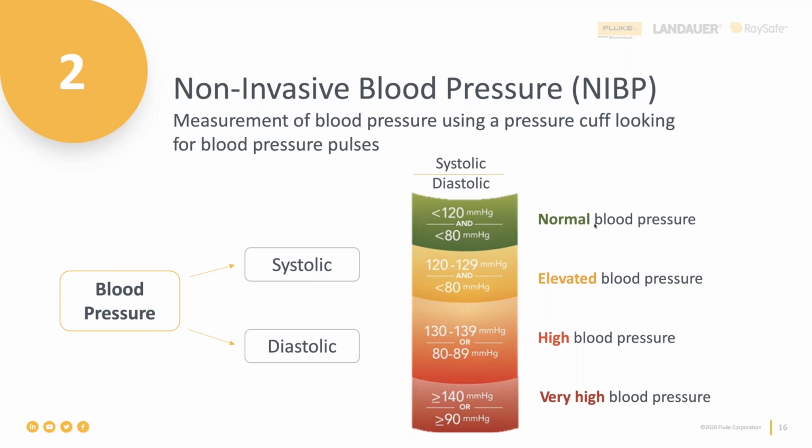Typical adult blood pressure is 120 over 80 millimeters of mercury, as you can see in green on the slide. Even though you can only see one of the extremes on the slide, there are actually two of them for blood pressure levels. What's shown here is hypertension, or very high blood pressure that puts added stress on the heart.